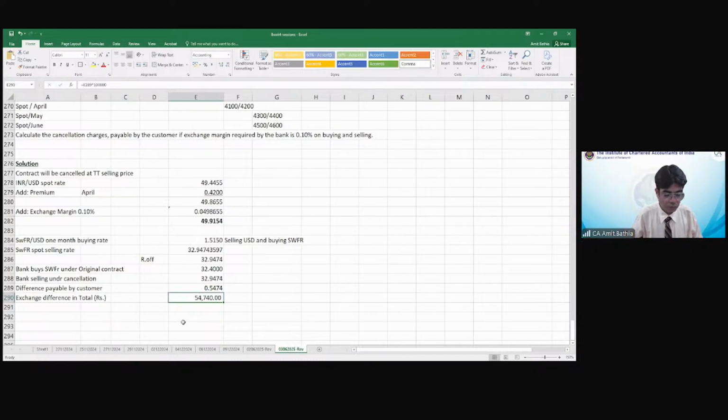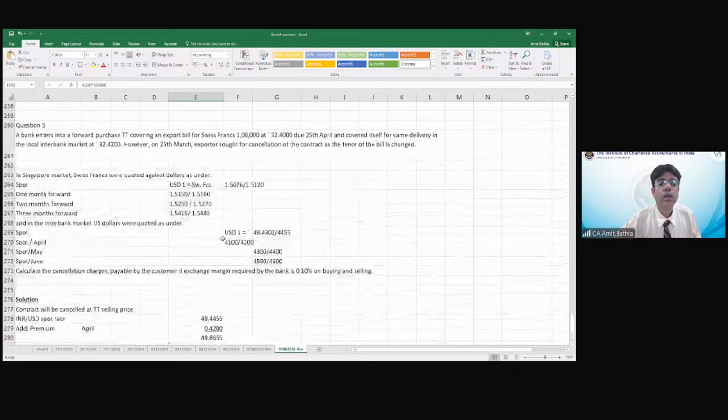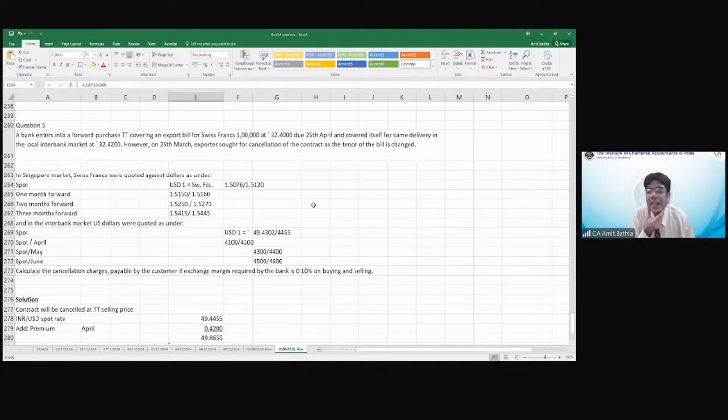So, sir, what is the importance of that interbank transaction line in the question? Which one? The very second line: to cover, the bank has entered into a transaction at 32.42. So how do you summarize the first line?